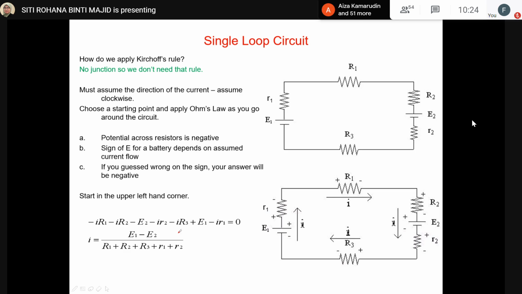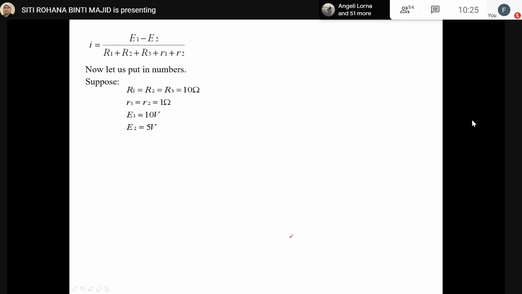combine all these into Ohm's law, and then you will get V1 minus V2 over the total resistance in this circuit, and then you can calculate the current. Okay, so that is what you understood before, and you are familiar with how to calculate R1 and R2 from the circuit.